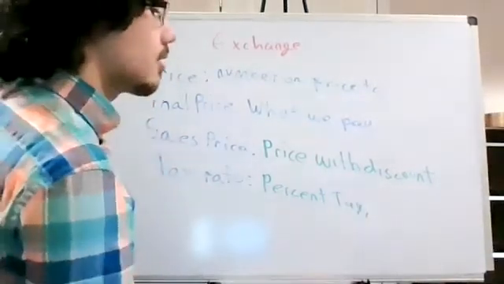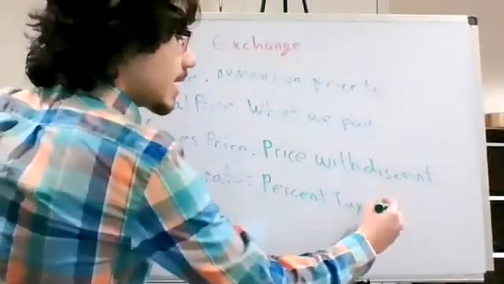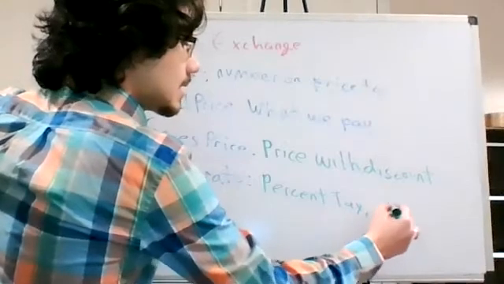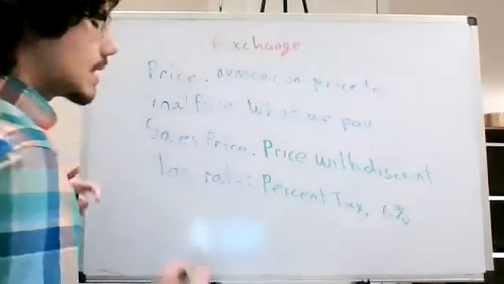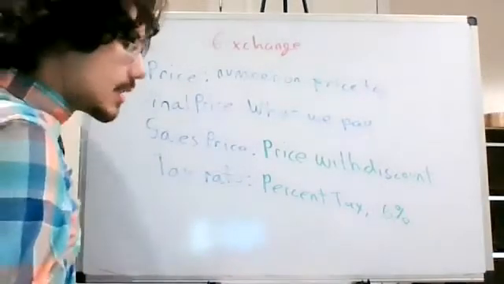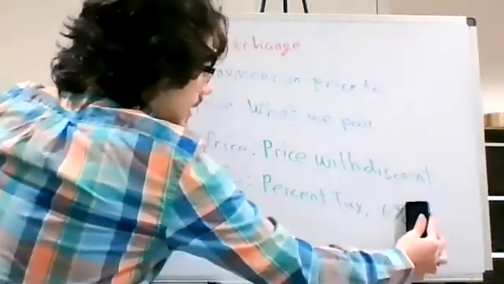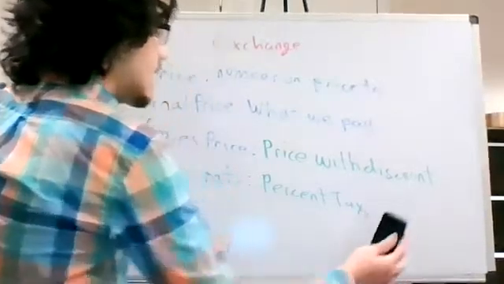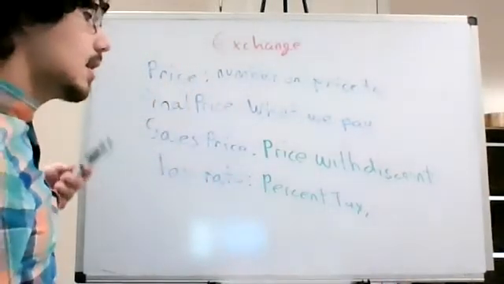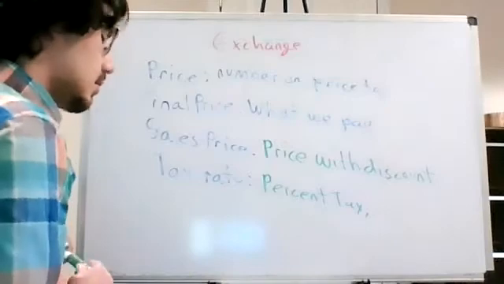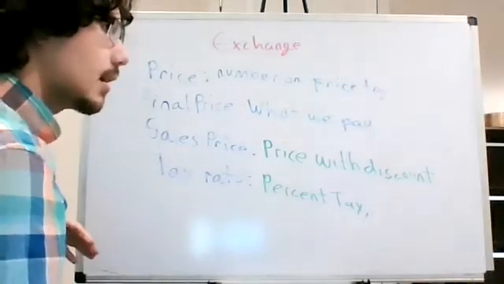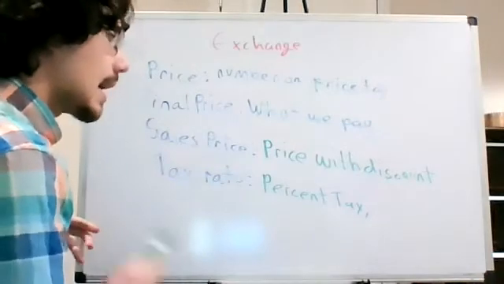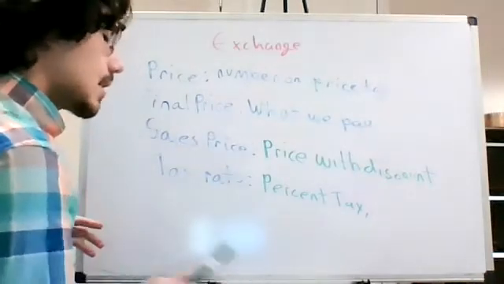So this varies on location. For instance, in Maryland, it is a 6% tax rate. Or in other states, it could be 10, 7, 15, 8, etc. So the tax rate refers to the percent of tax, the percent of the price added on for tax.